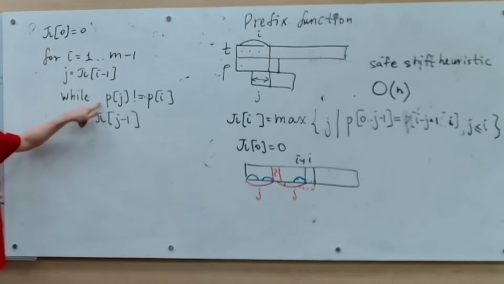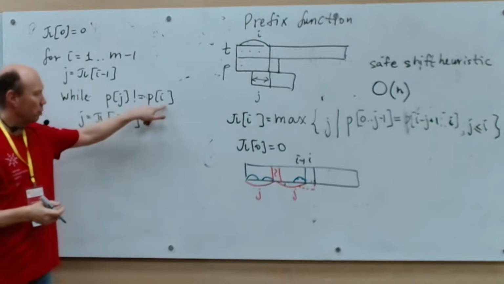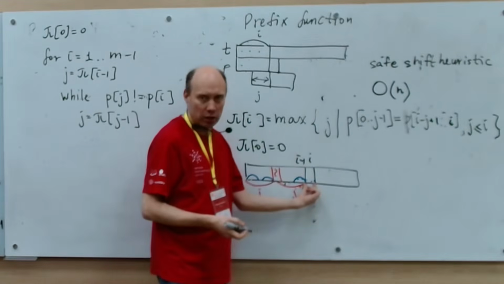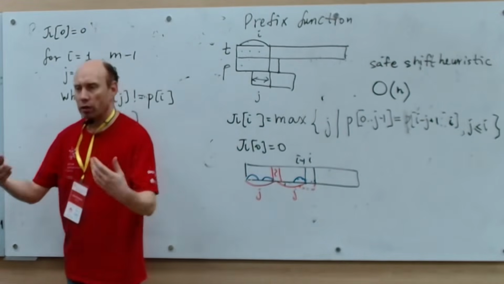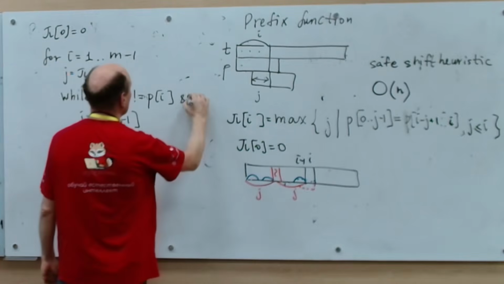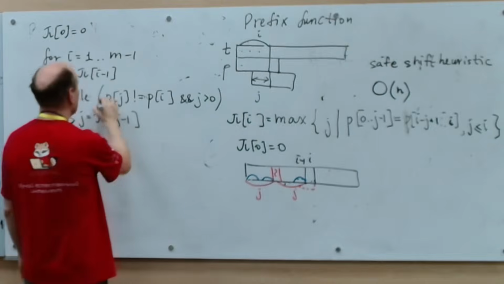What if it never matches? So that it goes down, down, and down, becomes 0, and still doesn't match. So even one character doesn't match here. So we should give the answer 0. So while j is greater than 0, like this.